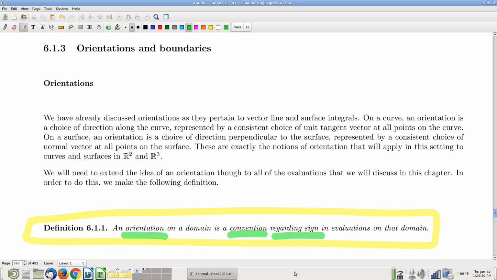Let me just remind you, if you have a curve, there are 2 different ways that you can go along this curve. So you can say, I'm going to say, oriented that way, for example. That says which way to go in the computation of the vector line integral, and the vector line integral gets some certain value.